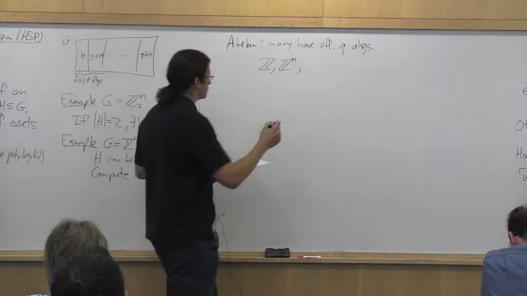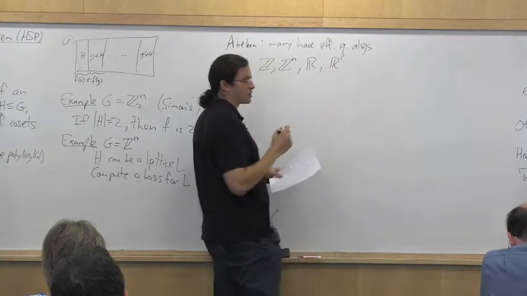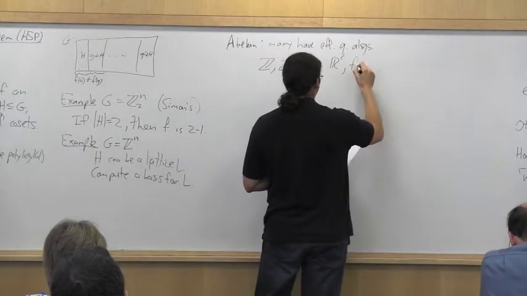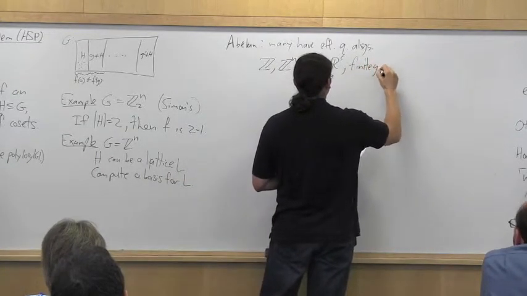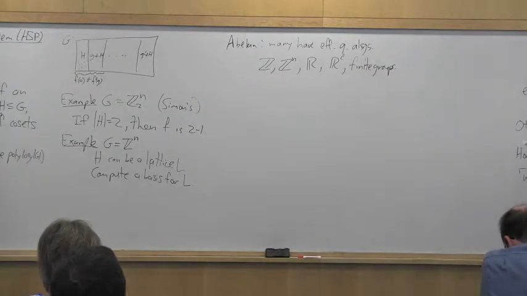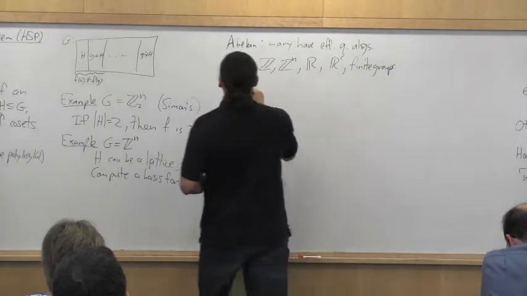You can solve it for R, the reals, a constant number of copies of the reals, and finite groups. And when the group is non-abelian, we know very little about it.